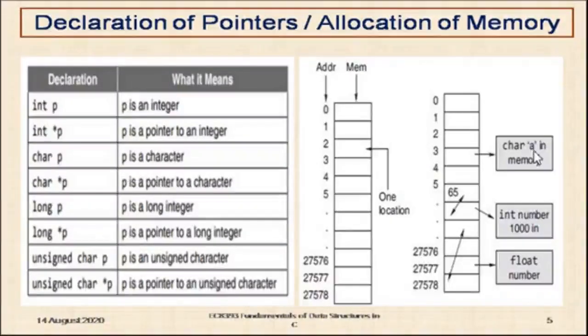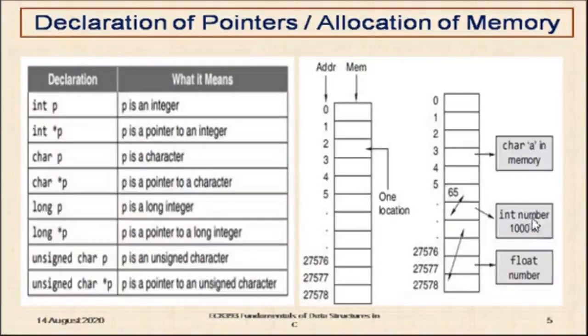That is assigned for the variable a of type character. Then int number. So number is the variable of type integer. The integer type variable occupies 2 bytes. You can see here 2 bytes are assigned. But what is the base address? This address 27506 and 07. These 2 locations or memory addresses are assigned for the variable number.